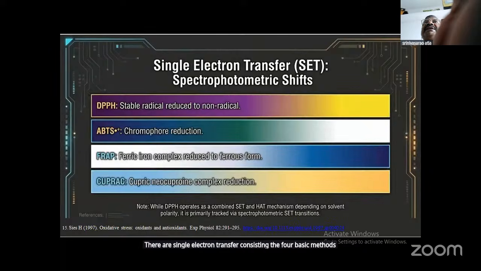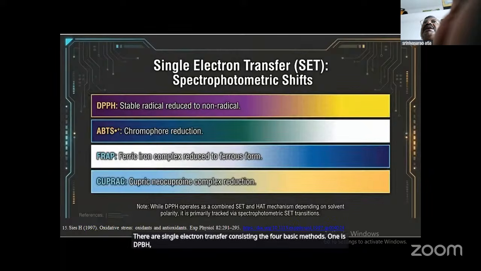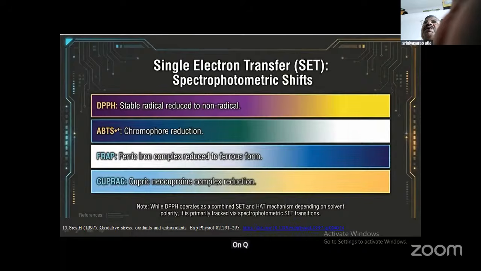One is DPPH, which makes the stable radical reduced to non-radical. ABTS, chromophore reduction. FRAP, ferric iron complex reduced to ferrous form. And CUPRAC, that is the cupric neocuproine complex reduction.